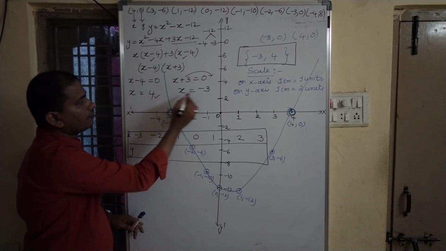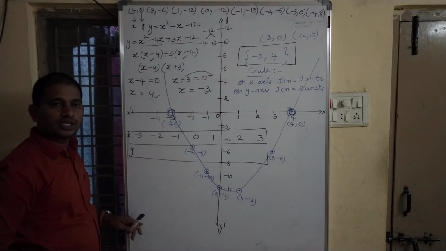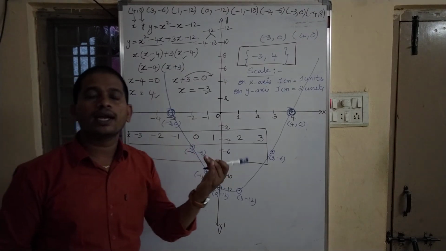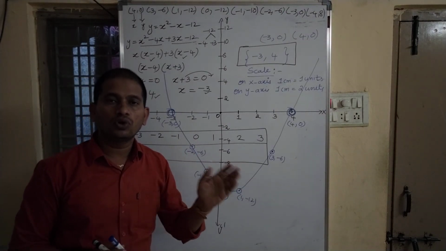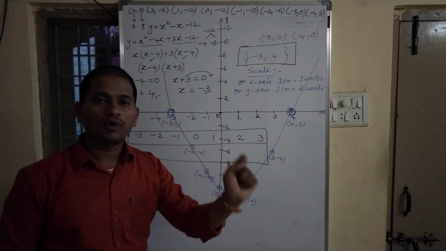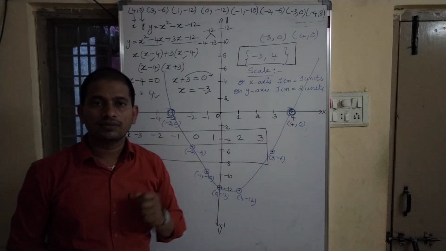In this case we got 4 and minus 3. So you take the values in between 4 and minus 3: 4, 3, 2, 1, 0, minus 1, minus 2, minus 3.